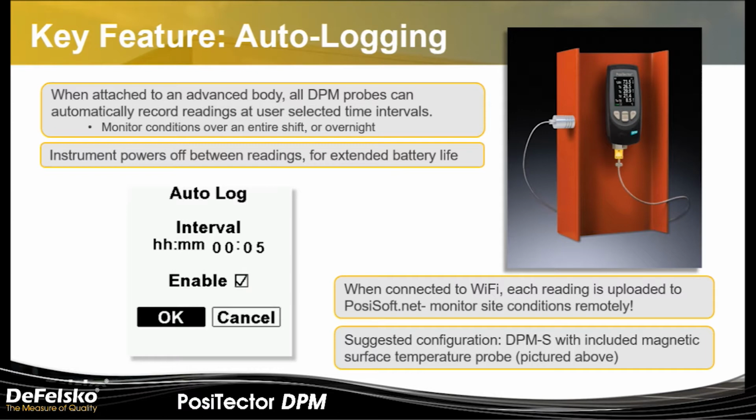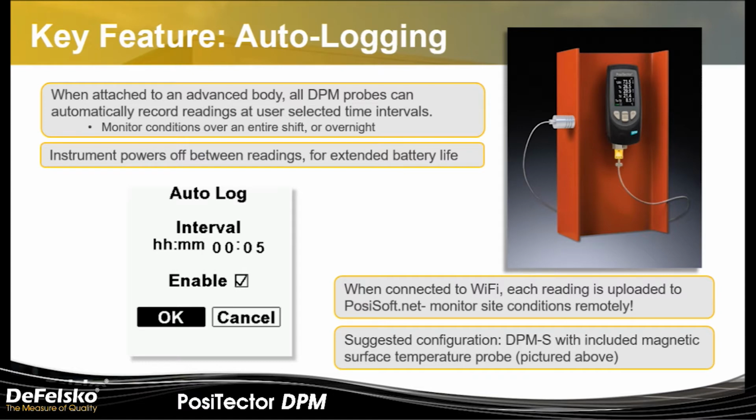This gauge can be set in the auto log feature, as you can see on the screen here, at a predetermined interval. This particular one has been set to 5 minutes. So what will happen? This gauge will take a reading every 5 minutes and store it into memory. An advanced gauge body will power down in between readings to preserve battery life.